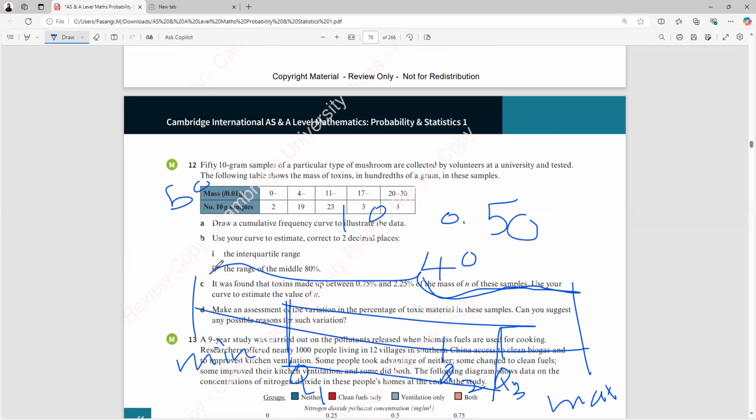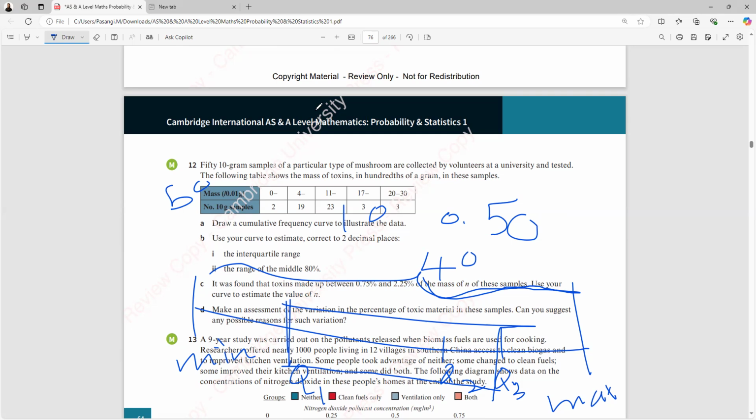No, that is 0.75. 0.75 means out of 100, it is 0.00. If it's 75% and the 2.25.